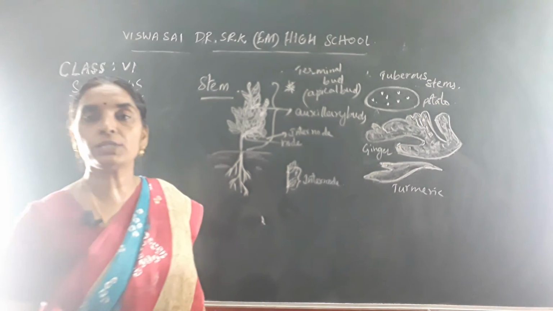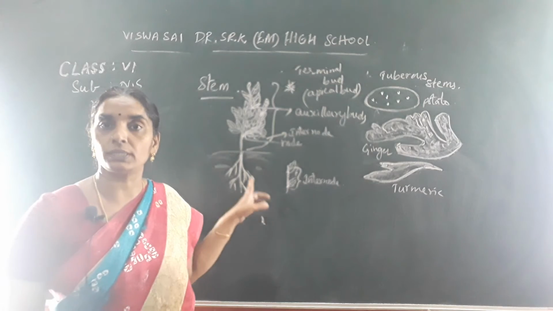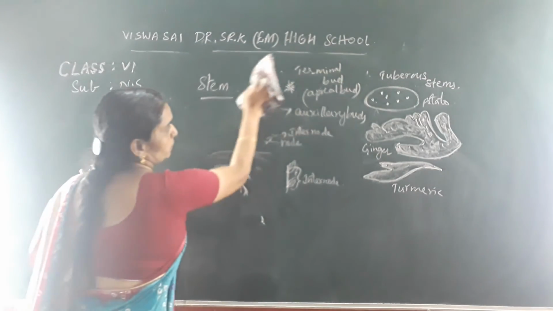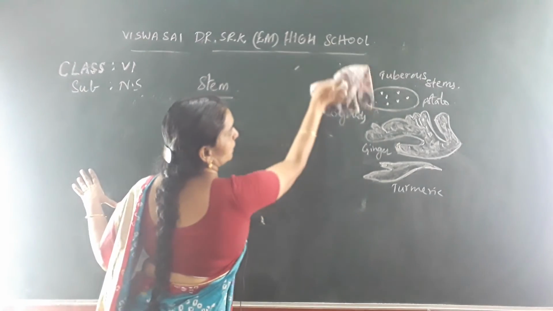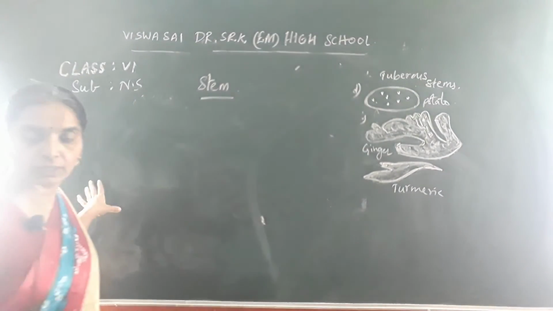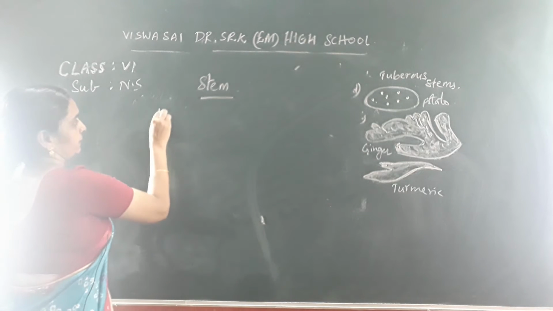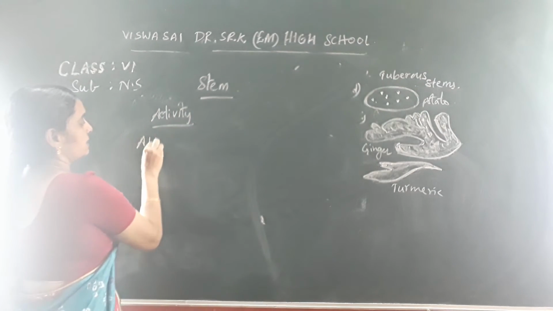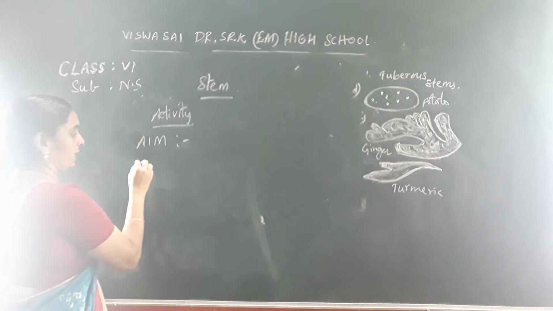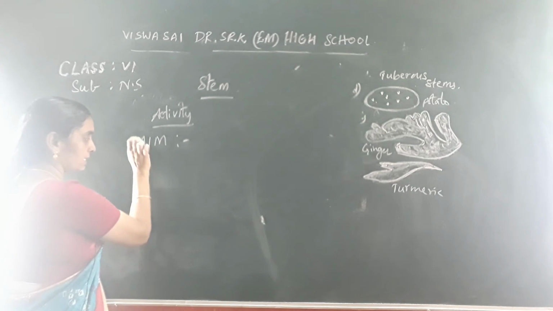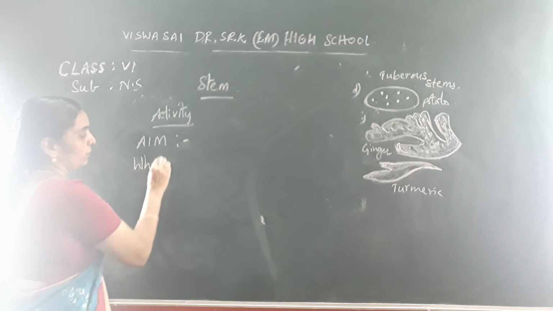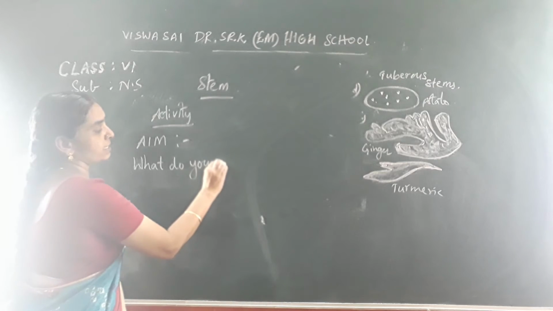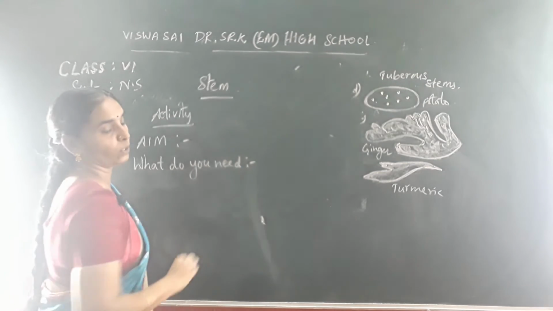Now we will see a simple experiment to prove the conduction of water through the stem. Activity. In this, you find the aim, the apparatus, that is, what do you need. It is called the materials required.